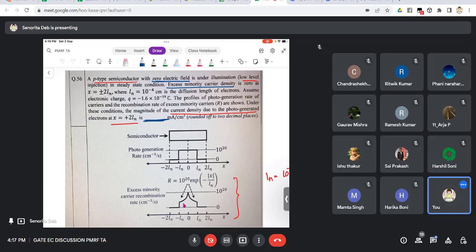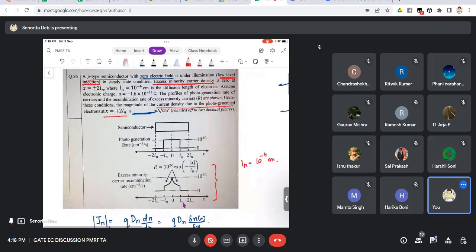Okay. So the question is a p-type semiconductor with zero electric field under illumination, low level injection. So low level injection means there will be minority carriers. As they have written, excess minority carrier density is 0 at x equals plus minus 2 Ln, where Ln is the diffusion length of the electrons.